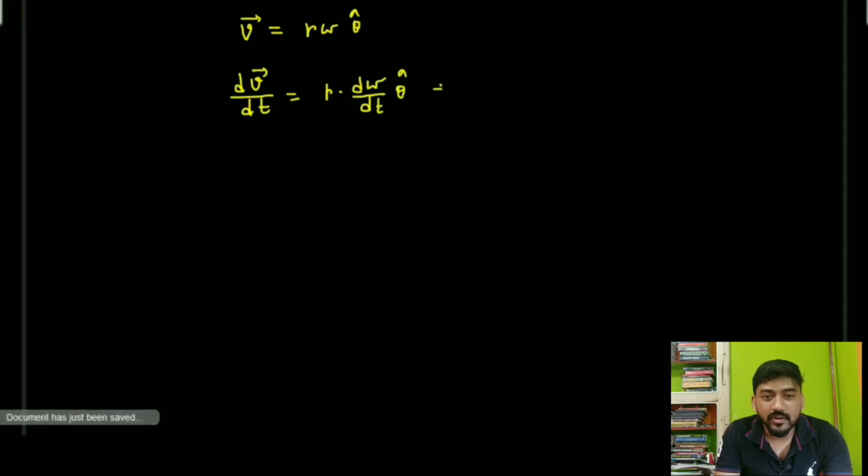Differentiating with respect to time, we get dv upon dt, that will be the acceleration. So we will get r into d omega by dt into theta cap, plus dr by dt into omega into theta cap, plus r into omega into d theta cap upon dt.